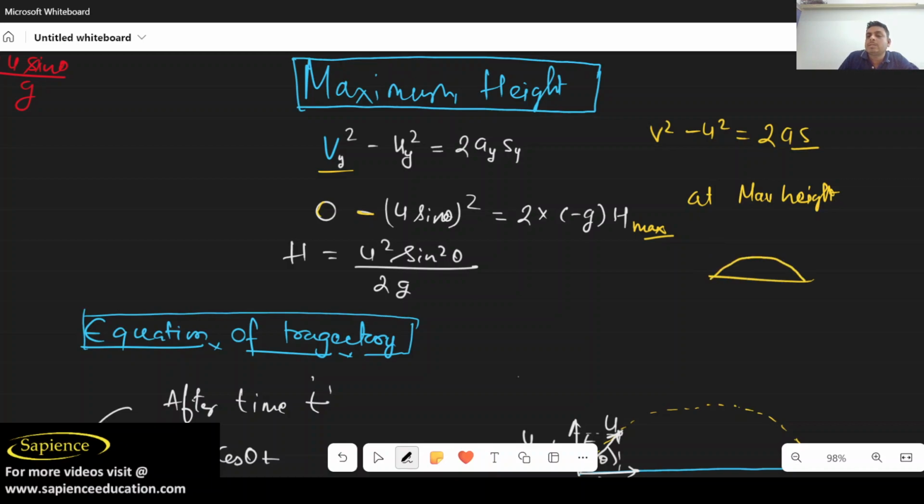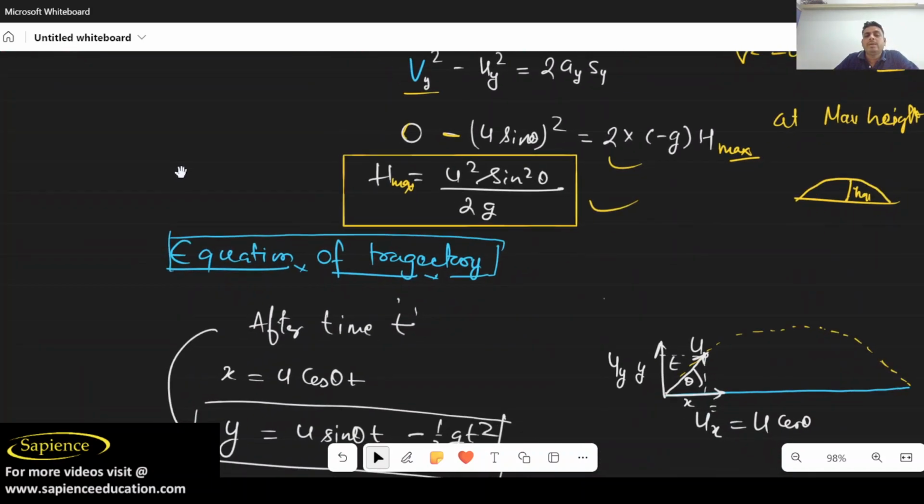In this projectile motion, this is where the maximum displacement happens. By using this formula we have got h max, or the maximum height attained by the projectile, as u square sin square theta by 2g. I hope you have understood.